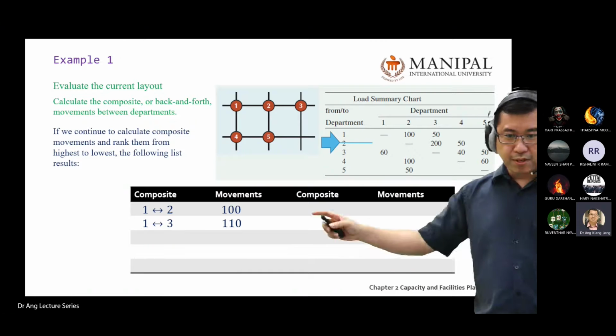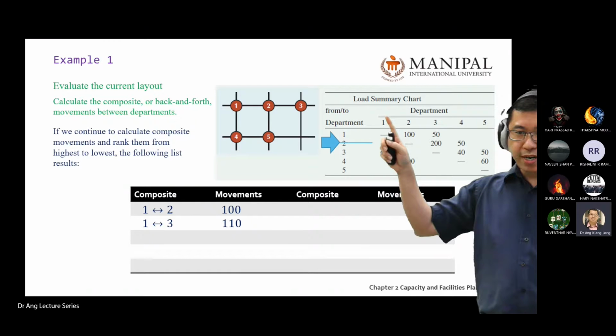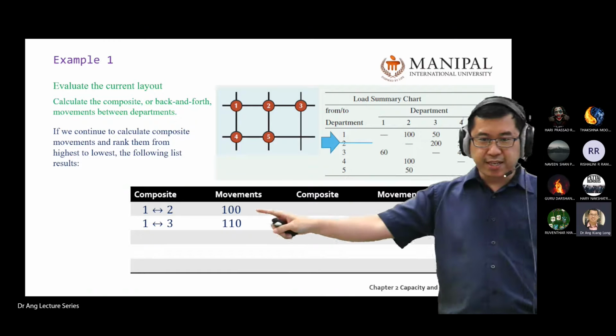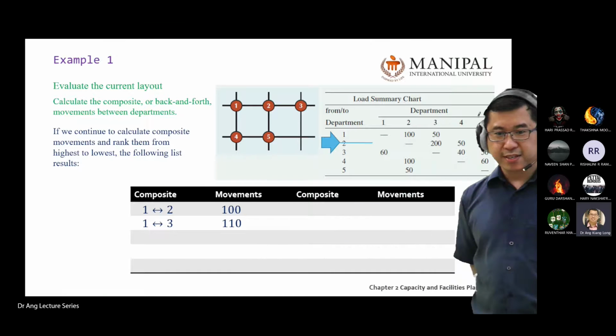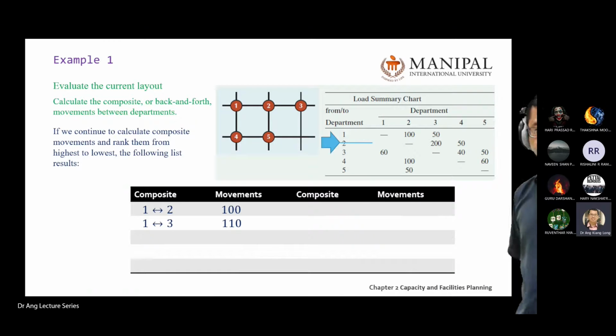So basically number 2 here, 2, 1 and 1, 2, they are the same as the first one, right? 1 to 2, 2 to 1 is the same. So I skip.